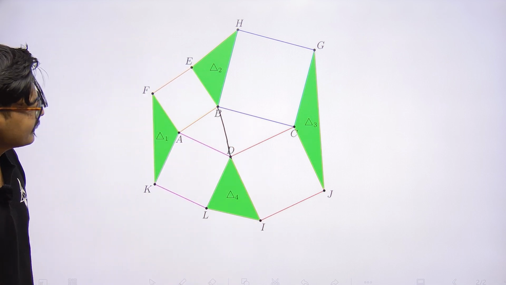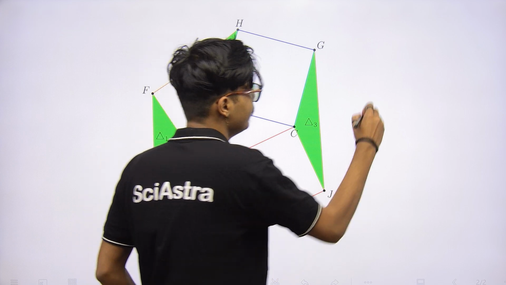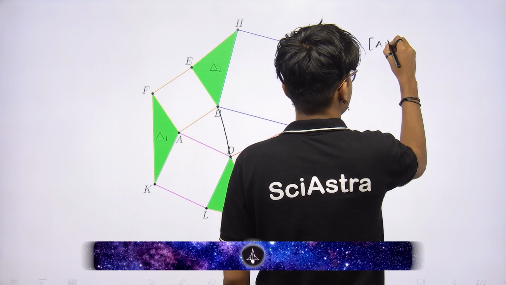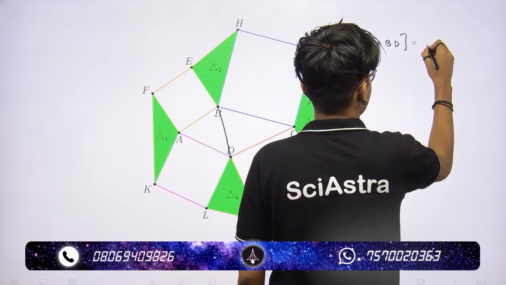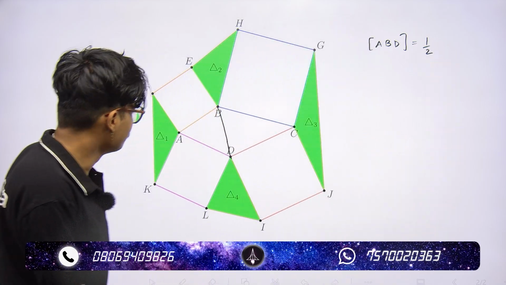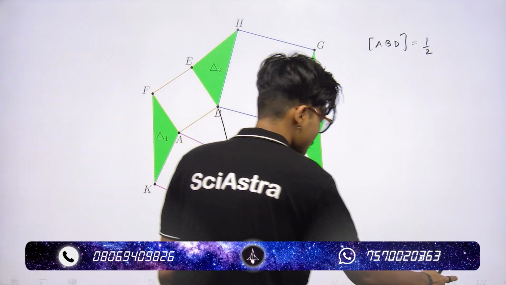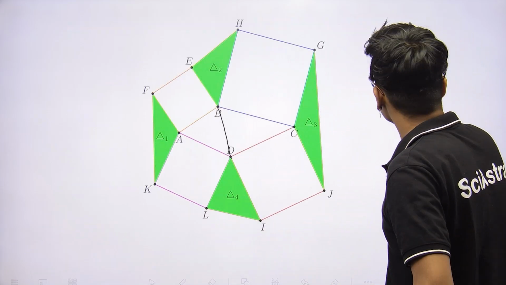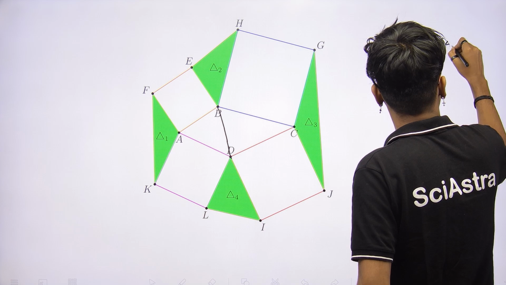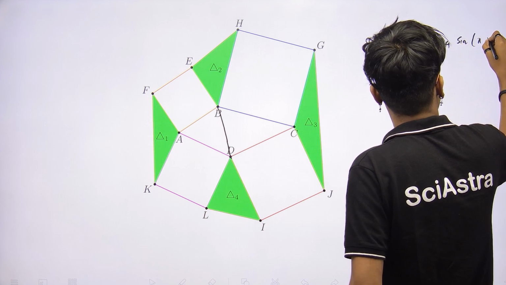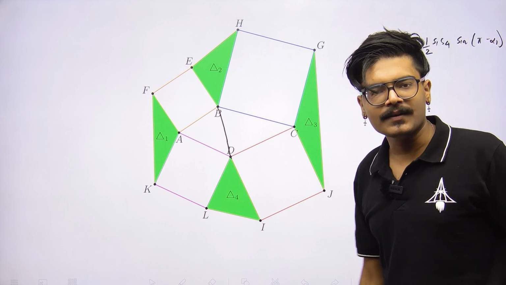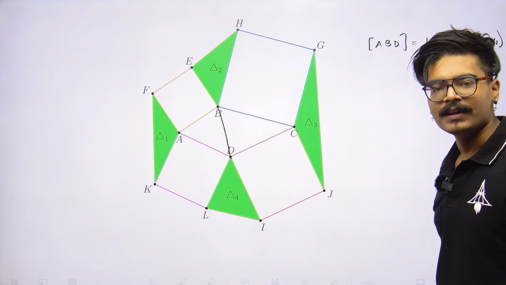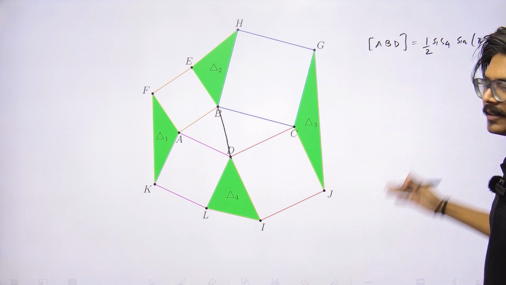Now, if you look at the area of this triangle ABD, that can be written using the same formula again. This angle was alpha 1, and these sides are S1 and S4, right? So this is half S1 S4 sine of pi minus alpha 1. But we know that sine of pi minus theta is nothing but sine theta, right?